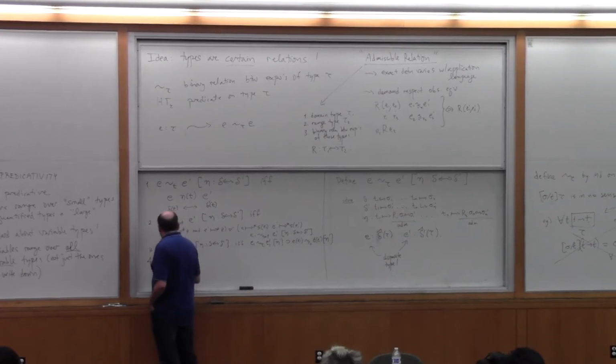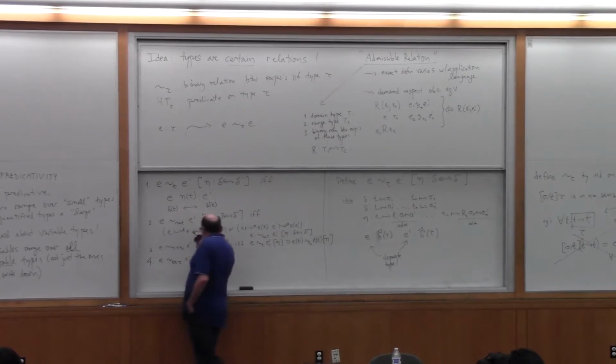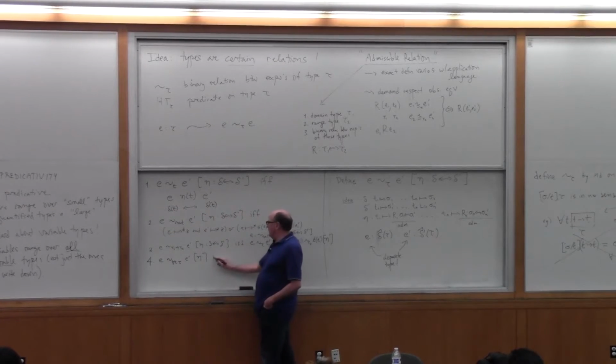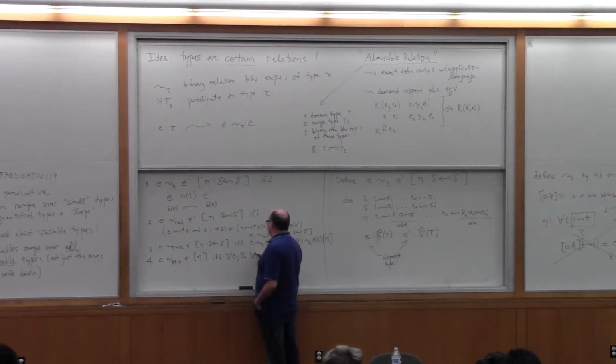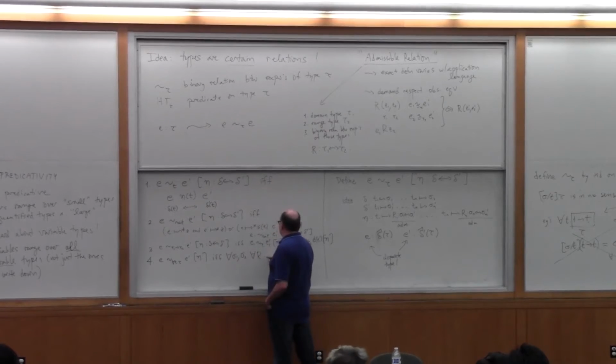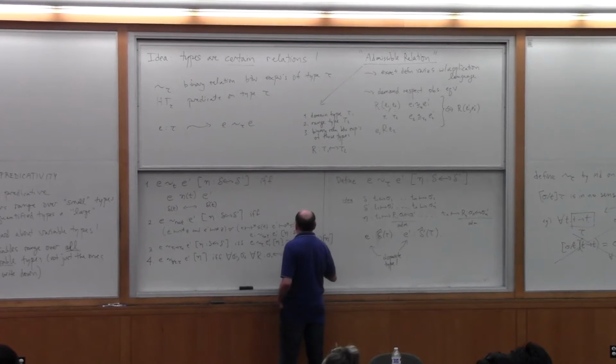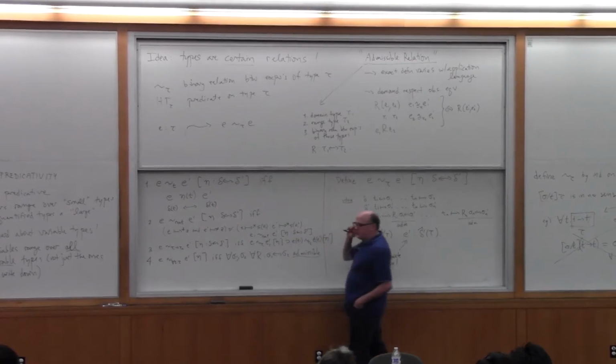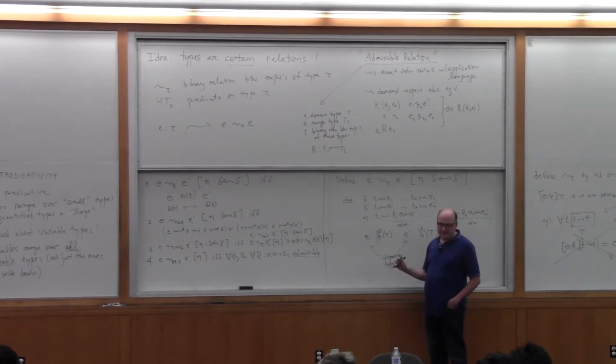And now the critical thing is how to say it properly. For all t tau, E related to E prime modulo eta, this is our relatedness modulo eta, if and only if, for every sigma 1 and sigma 2, for every relation between sigma 1 and sigma 2 which is admissible, so everything is parameterized on the criterion of admissibility.